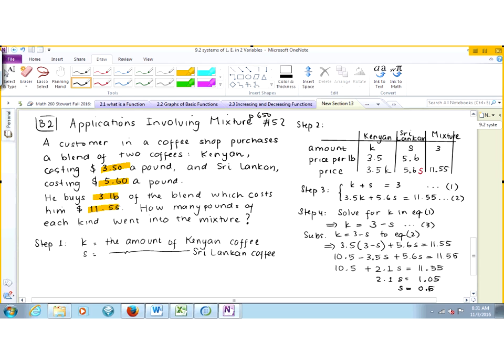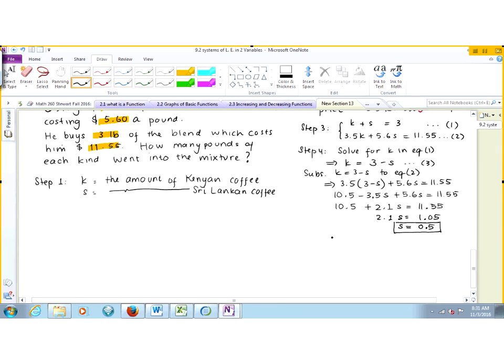What is S? 0.5. Ooh, Sri Lankan is only a little bit. How about the Kenyan? Substitute S is equal to 0.5 into equation 3.